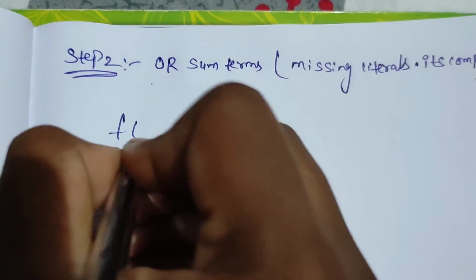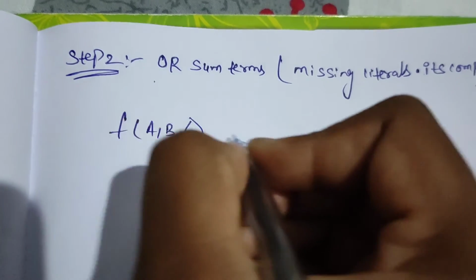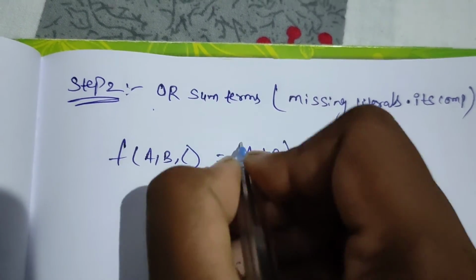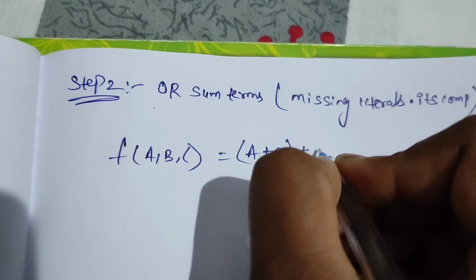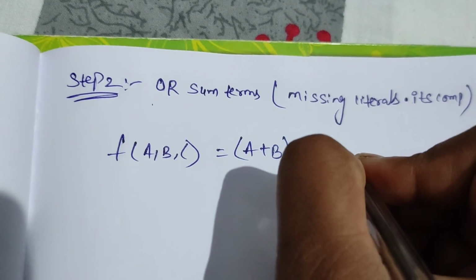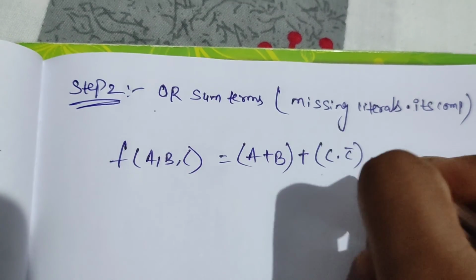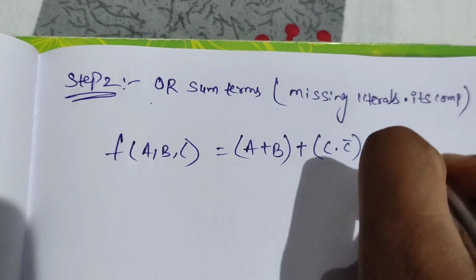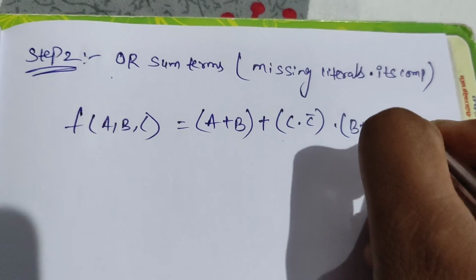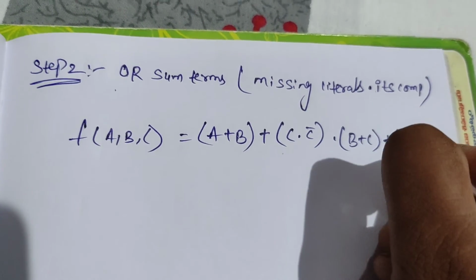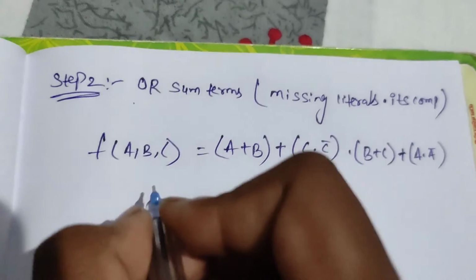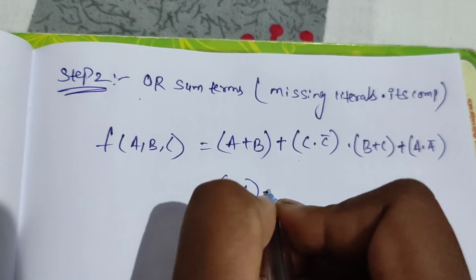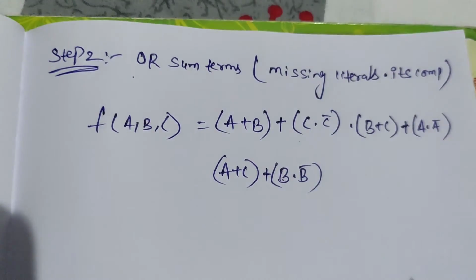So f of ABC is equal to A plus B, we need to sum the missing literals by taking its normal and its complement form, plus C into C bar. Next, into B plus C, we need to sum the missed term A into A complement. And next, A plus C plus B into B complement.